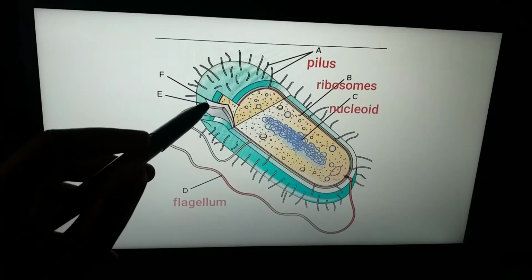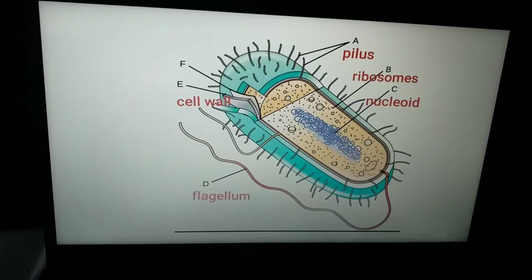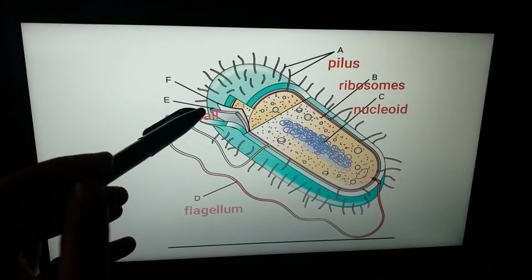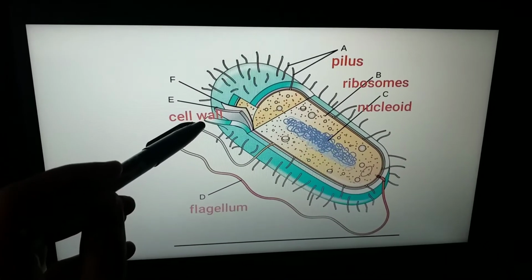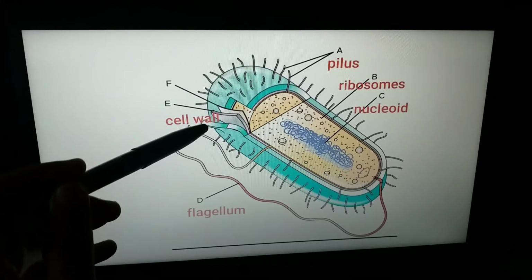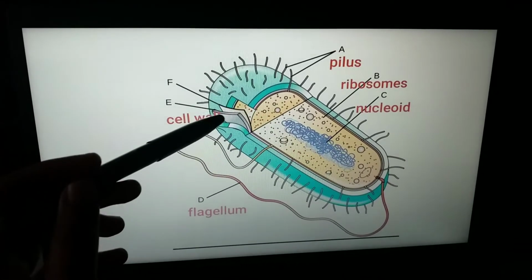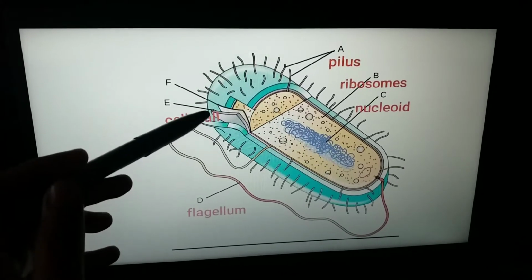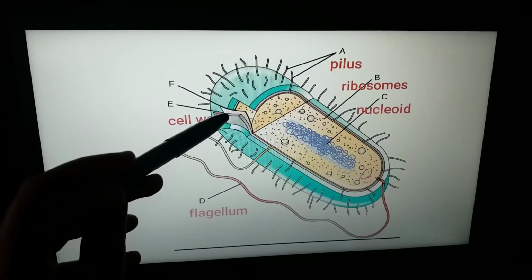In this part, this is the cell wall. The cell wall is a protective layer that surrounds some cells and gives them shape and rigidity, and it is located outside the cell membrane. This is the cell wall.